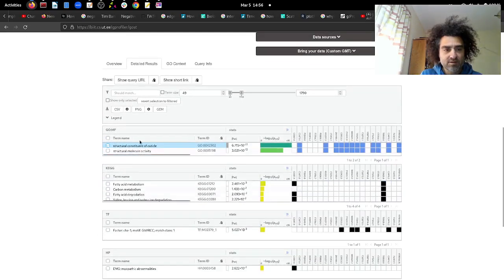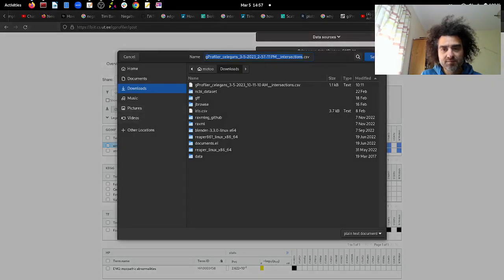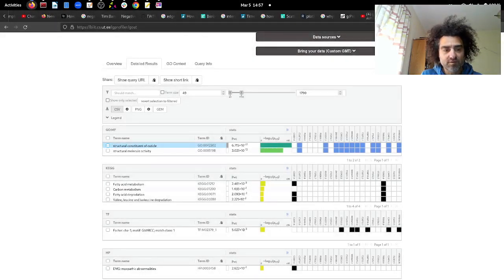And now results are different. So I no longer have response to stimuli or to stress, but I have something like fatty acid metabolism, carbon metabolism, and so on. I don't have so many results. Probably I must export them in PNG or CSV. Maybe CSV will be better, just to see all the terms.